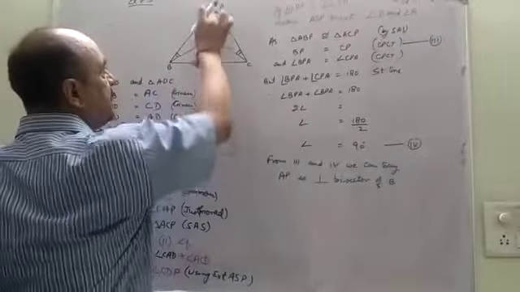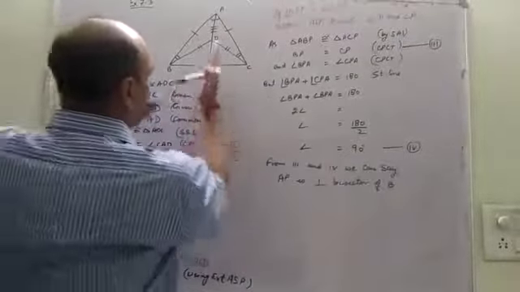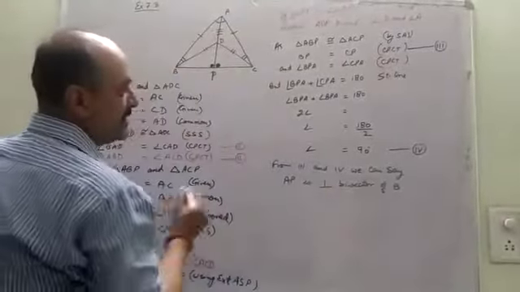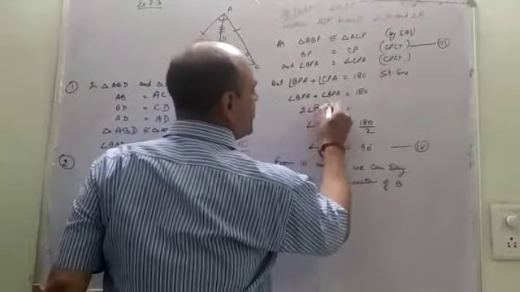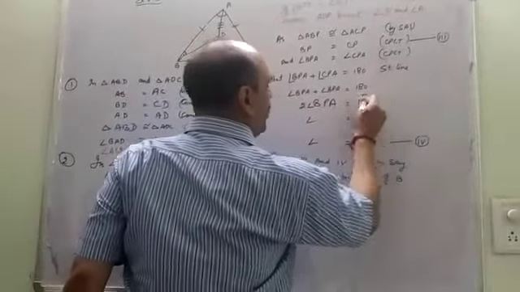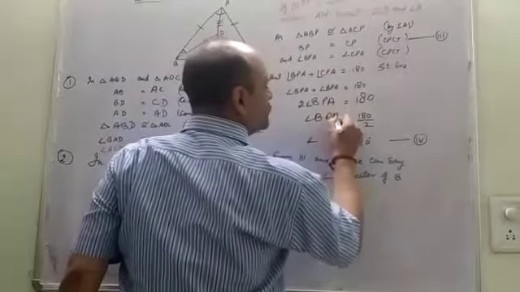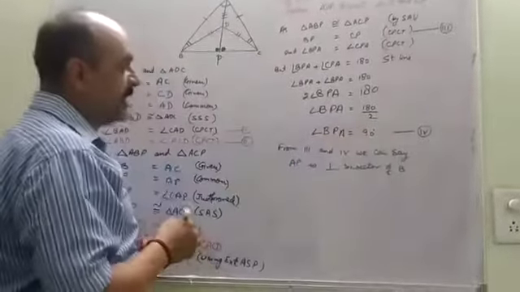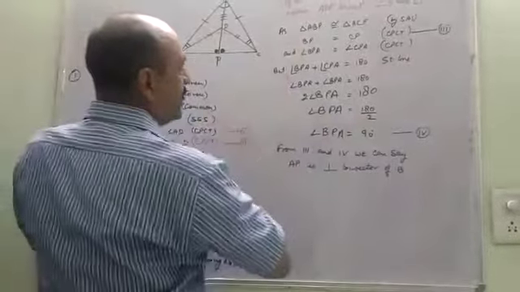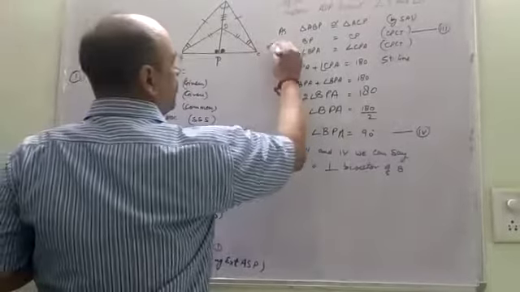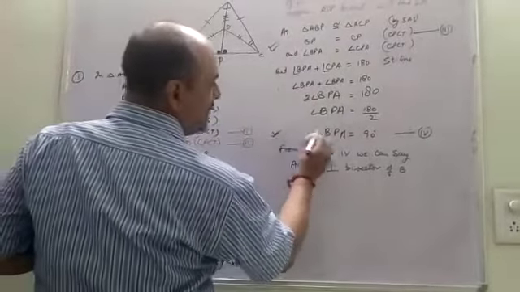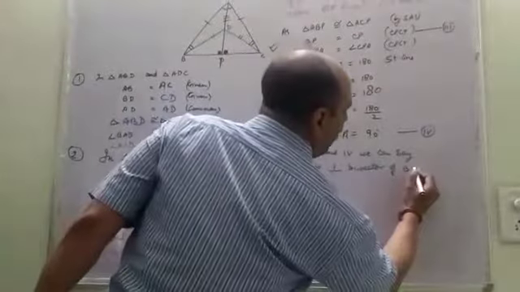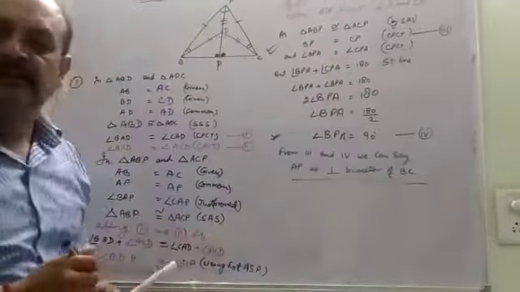BPA and CPA, the sum of these two, this one and this one, is equal to 180. 2 times BPA is 180, or BPA is 180 upon 2, or BPA is 90 degrees. So I can say BP is equal to CP and BPA is 90, which means AP is perpendicular bisector of BC. Thank you very much.